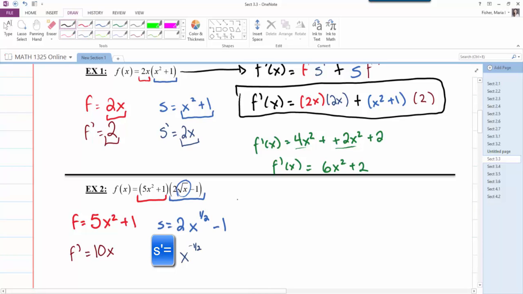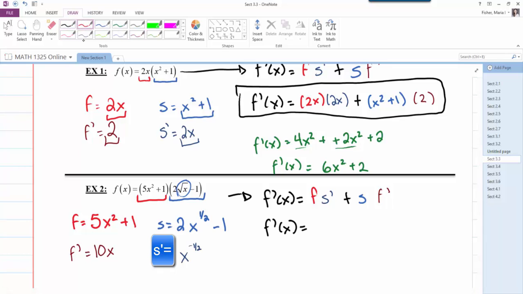Again, I'm following that same pattern. F prime of x is going to equal the first times the derivative of the second plus the second times the derivative of the first. So plugging in with the information that we know, f prime of x is going to equal, well, my first is that 5x squared plus 1.